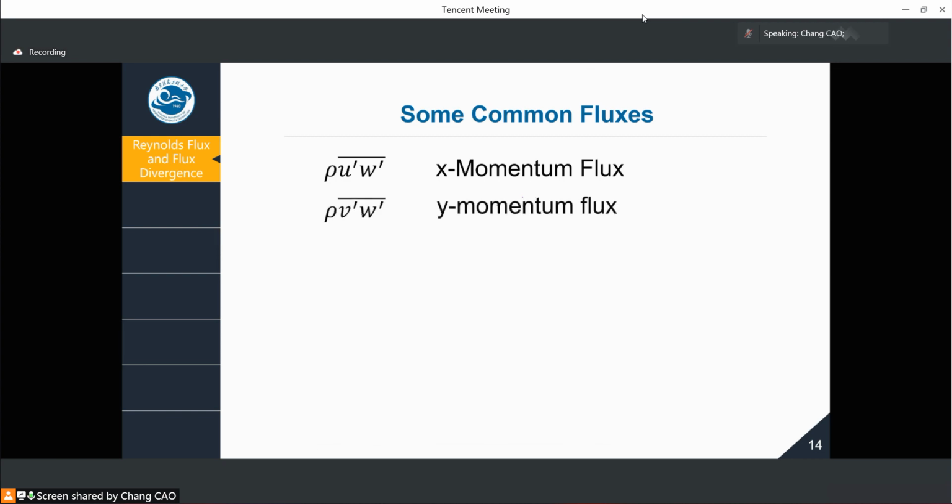And for v prime w prime, it means y momentum flux. And for w prime and theta prime, it means heat flux. And theta means potential temperature. Can you still remember potential temperature? Okay. So usually we will use potential temperature, and the covariance between w prime and theta prime is called the heat flux.